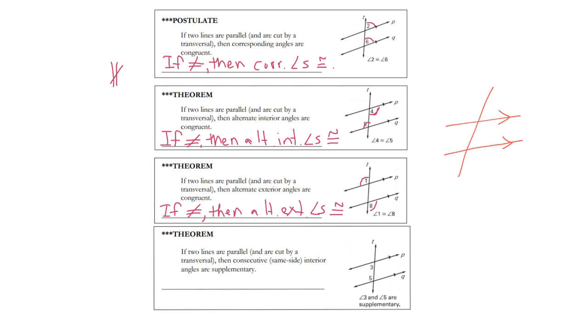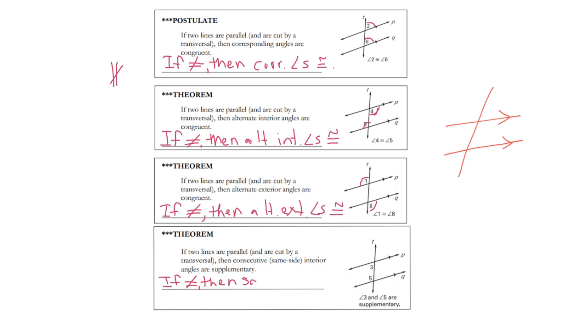So that is a long-winded way to say if we have two parallel lines crossed by a transversal, then remember, these are called same side interior angles or consecutive interior angles, whichever one you want to use. I usually use same side.